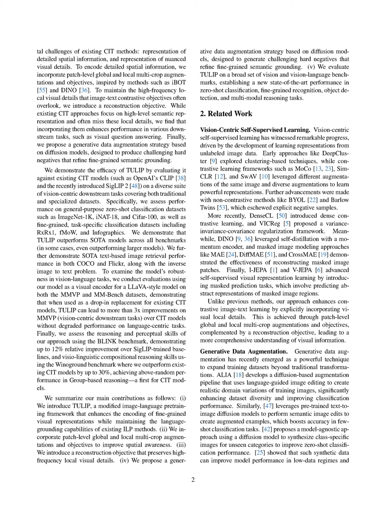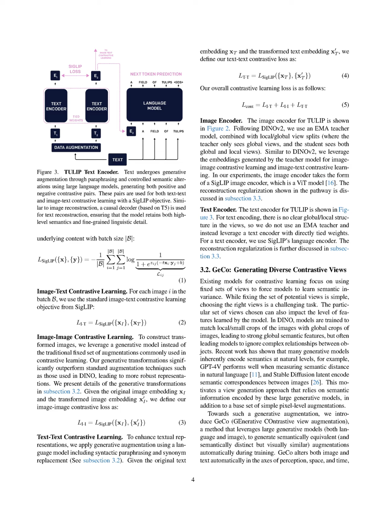Second, TULIP introduces a reconstruction objective that encourages the model to retain high-frequency local visual details, ensuring that it can reconstruct images accurately from latent representations. This is achieved through a masked autoencoder for images and a causal decoder for text, balancing semantic invariance with visual fidelity.